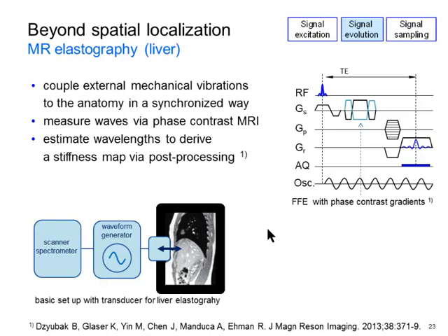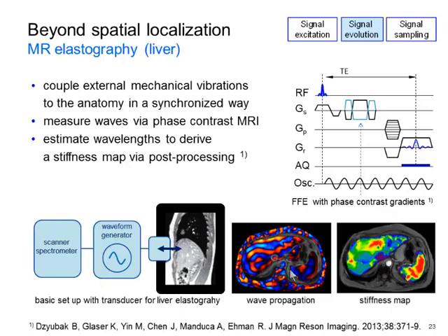Furthermore, we are able to use the gradients to measure motion, flow, vibrations. And if we externally couple vibrations into the object of interest, and do a phase contrast experiment synchronized to this waveform, we are easily able to measure via phase contrast MRI the wavelengths inside the patient.